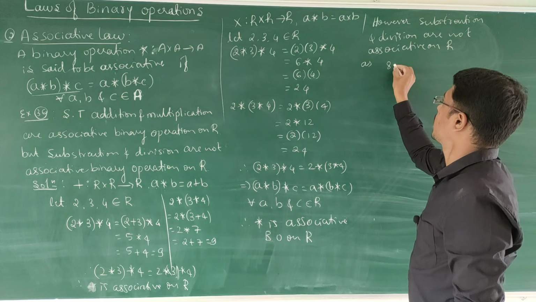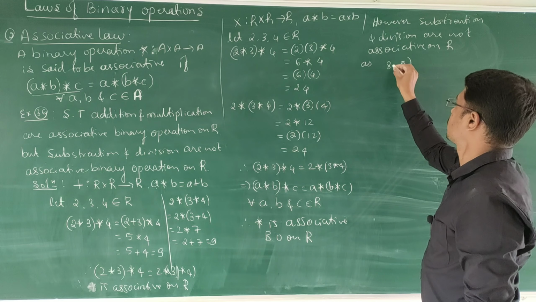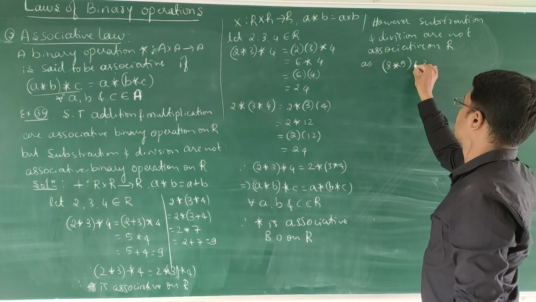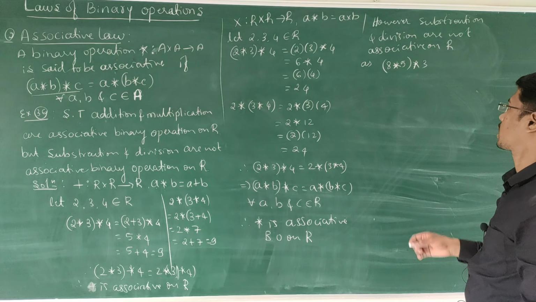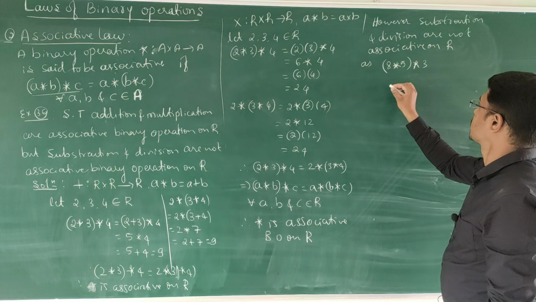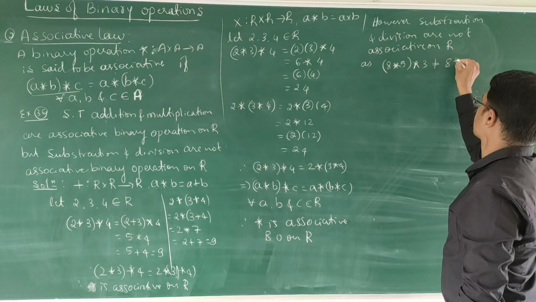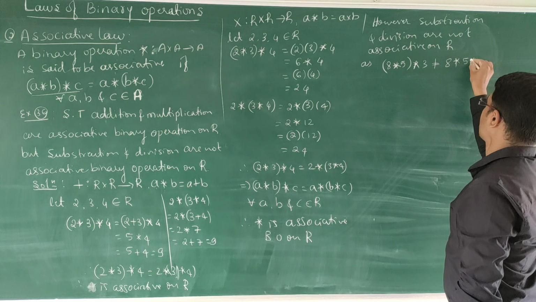I will consider 8 minus 5 minus 3, that is, (8 star 5) star 3, and this is not equal to 8 star (5 star 3).